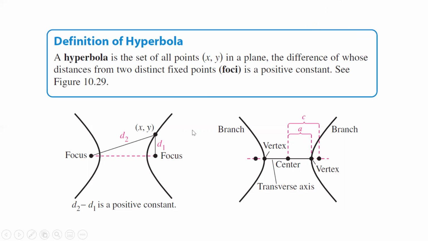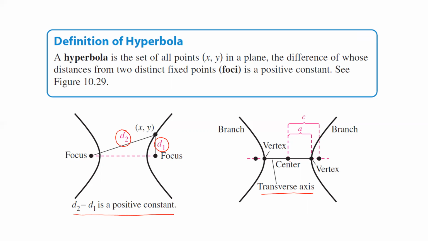Let's see, a few things here. Notice, just like the ellipse, the addition, oh no, hold on, look at this. It's not addition, it's subtraction now. So it's D2 minus D1 is going to be a positive constant. So it's subtraction between the foci. And then we have what we call the transverse axis.